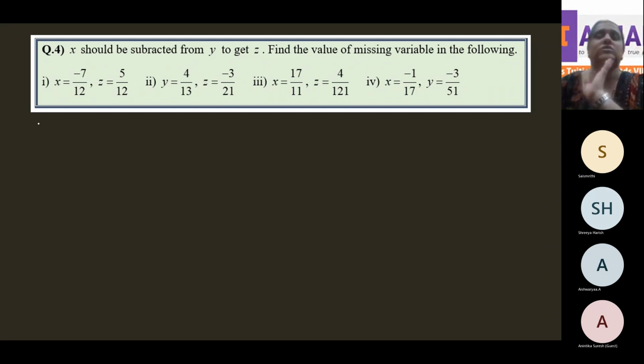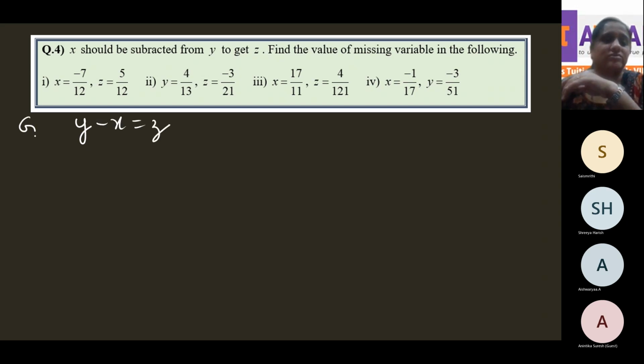We'll do the third one as a test now. What's the equation? Y minus x is equal to z. Yeah, subtracted from y. So y first, minus x is equal to z.